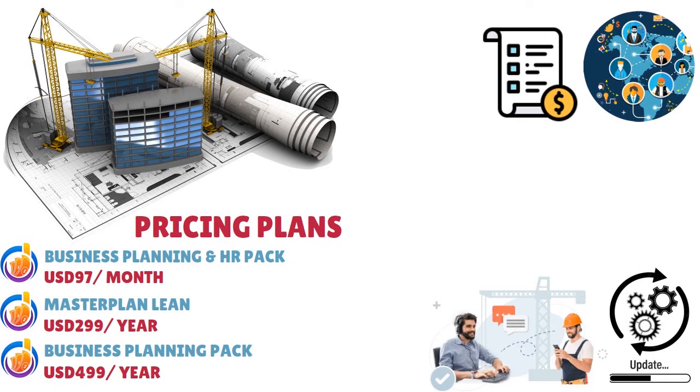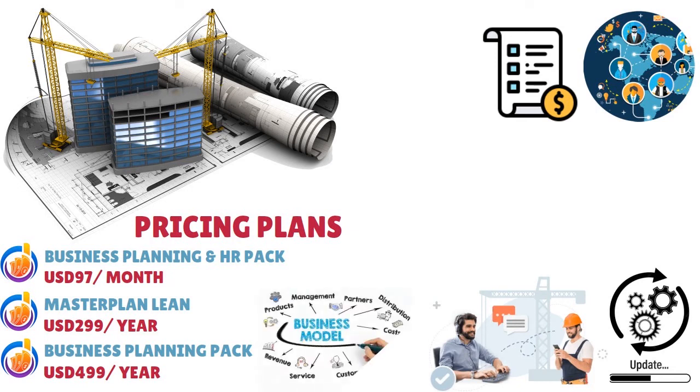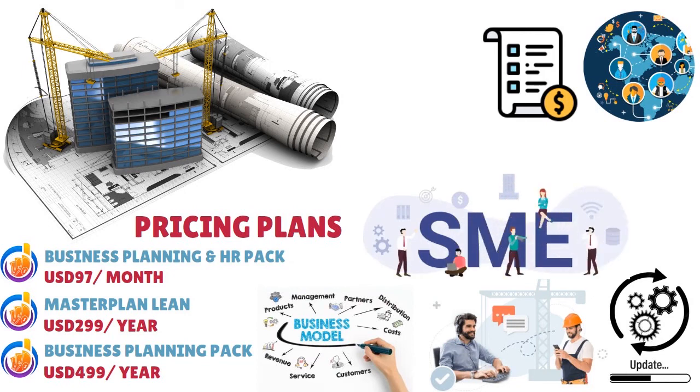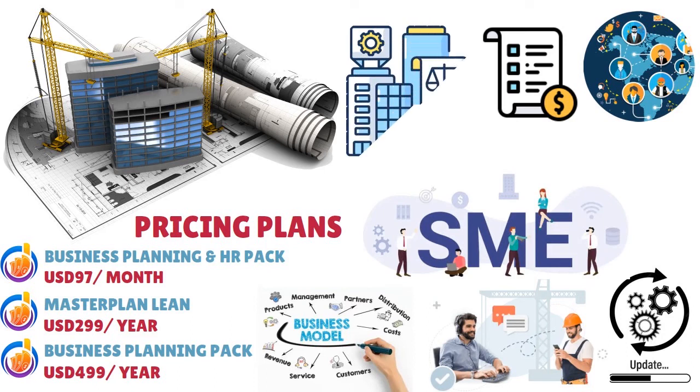The way MAUS master plan runs its show is that it has a pricing model for SMEs, small and medium-sized entities, and another pricing model for large enterprises that want to use MAUS. So basically you have the SME edition and the corporate edition.